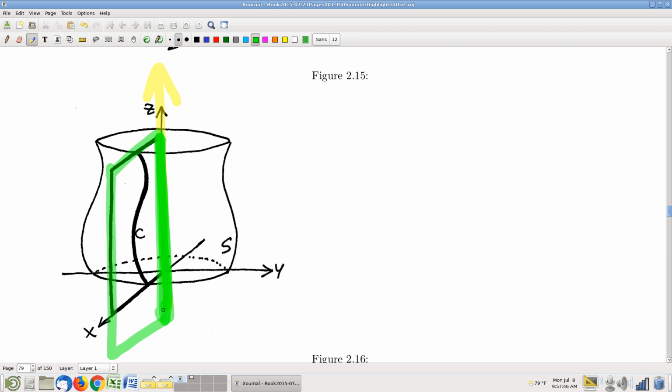If you have a half plane hinged on the z-axis, and if you were to look at the cross-section of the surface in that half plane, now don't forget our premise is that this surface is rotationally symmetric. This cross-section, if you were to rotate it around the z-axis, would sweep out the entire surface. That's just a geometric appeal, right? That's what it means to be rotationally symmetric.